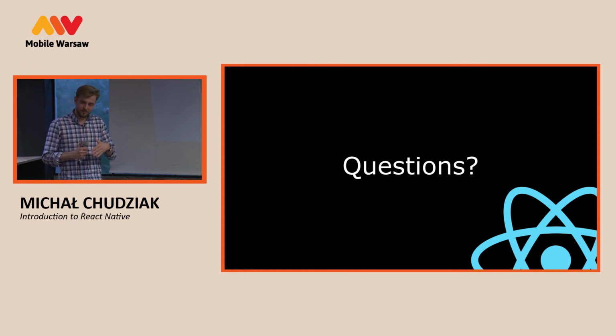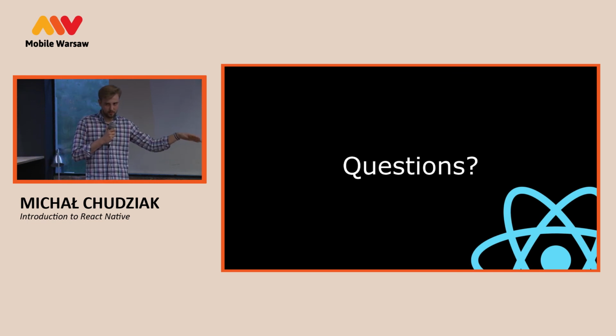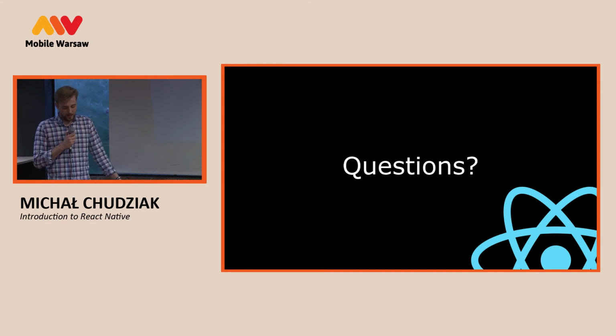Can you explain a bit more? I'm used to Android Studio. Okay. So, what are you using for developing React Native? For developing React Native applications, I use Atom for writing the JavaScript. And if I need to write some native code, then yes, Android Studio for the Android platform and Xcode for iOS.